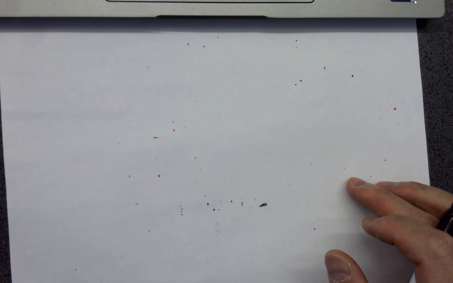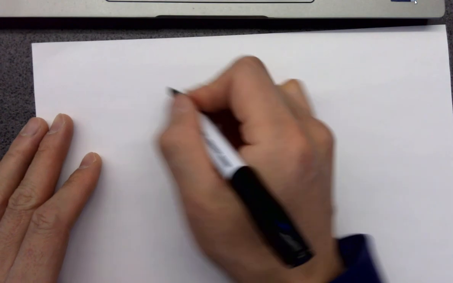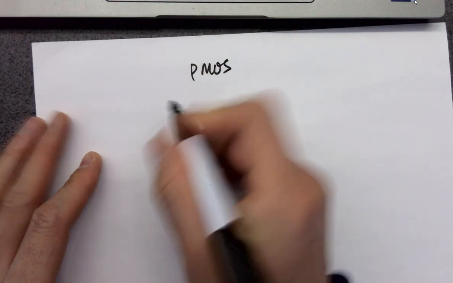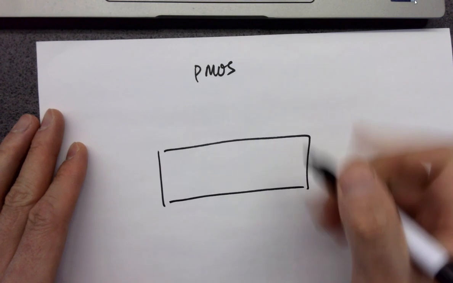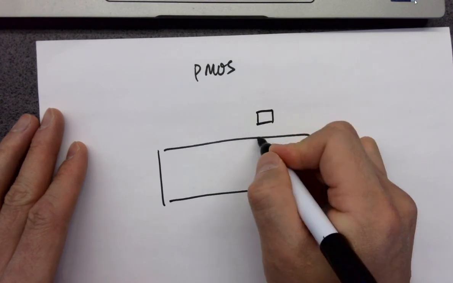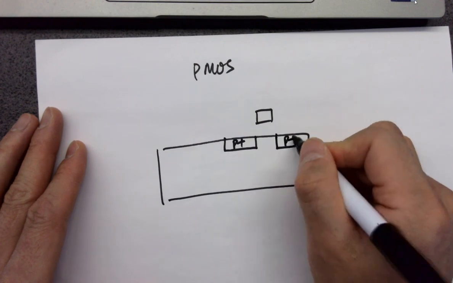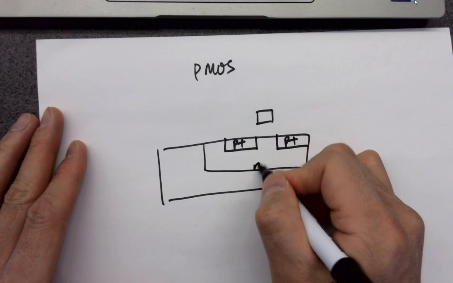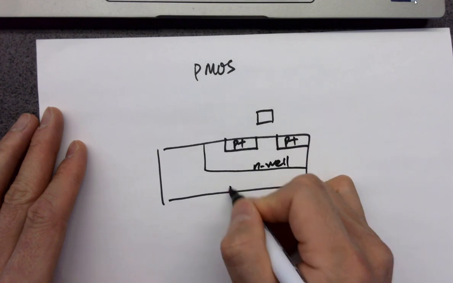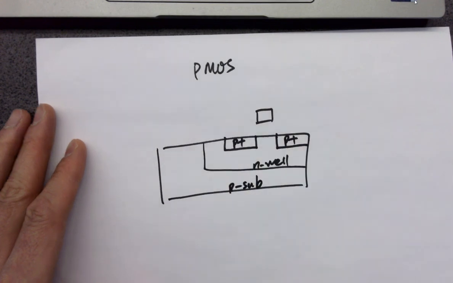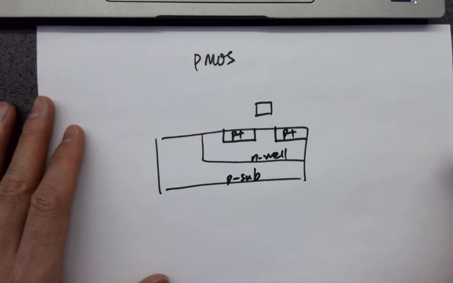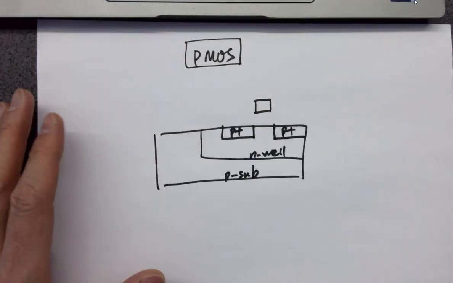Let's look at PMOS. For PMOS, we have to build the N well. Why?